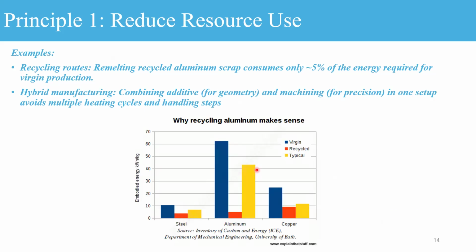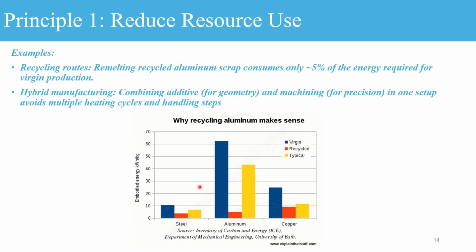So this graph shows the embodied energy for steel, aluminum, and copper during the processing. So if you are using virgin steel versus recycled steel versus the typical industry consumption, you can see that for steel there is still a lot of change when moving from virgin to recycled steel.